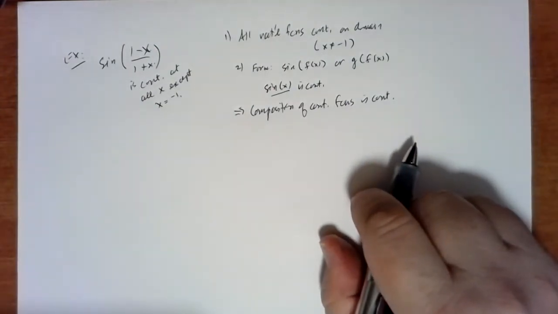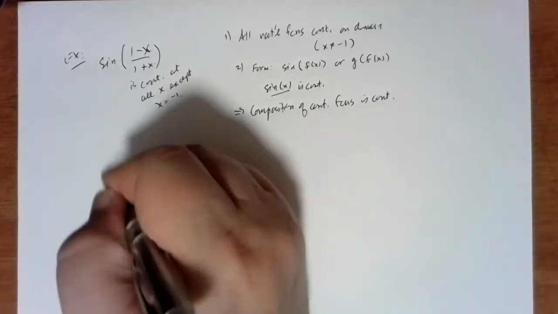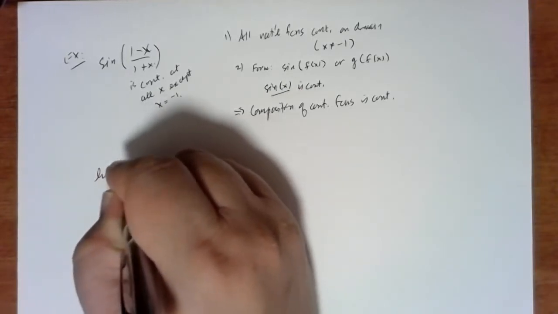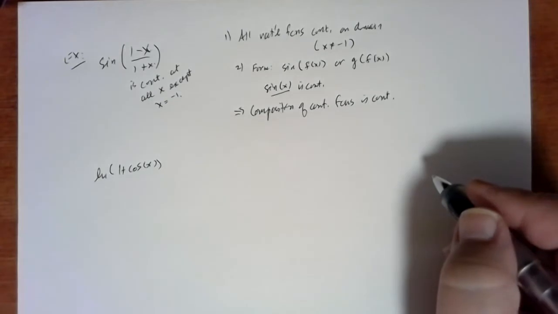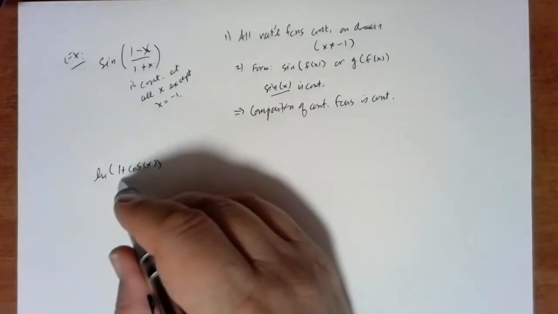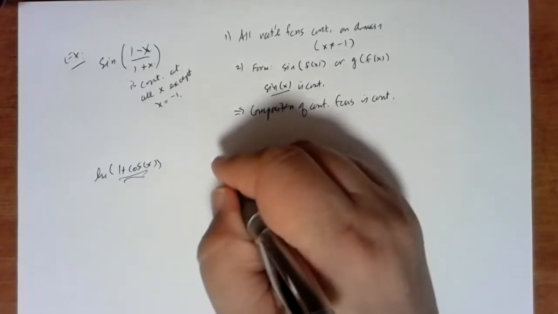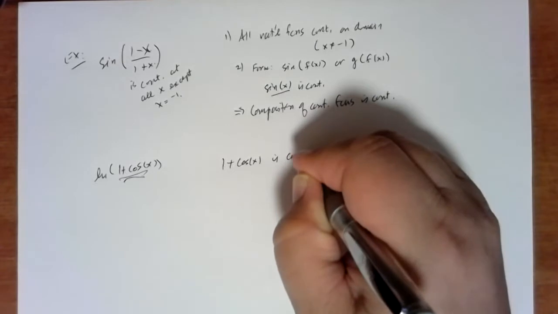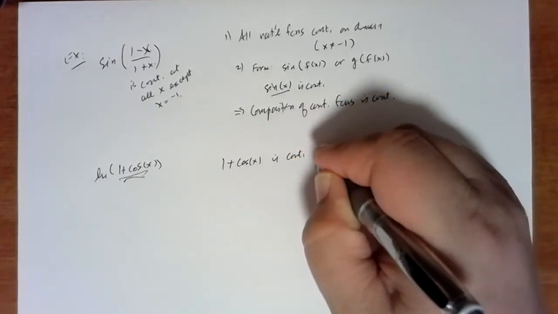All right. And so similarly, how would you do something like natural log of 1 plus cosine of x? Where is this function going to be continuous? Well, let's see. 1 plus cosine of x is continuous for all x.